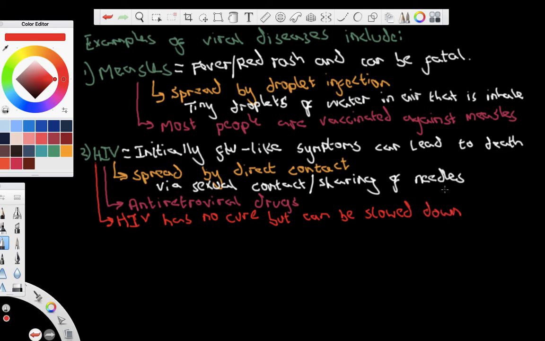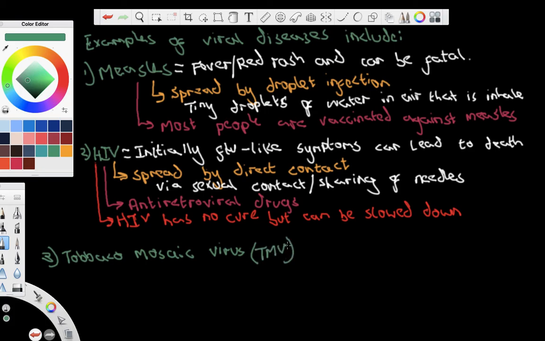Our final virus that we need to talk about today is tobacco mosaic virus. So number 3, tobacco mosaic virus, or as you'll commonly see it, TMV.